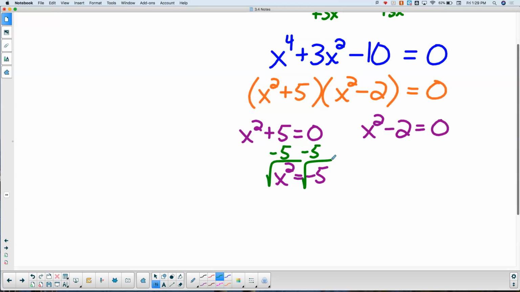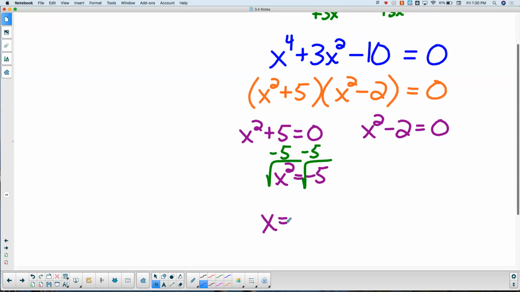What do I get when I take the square root of negative 5? Nope. Close. Nope. Farther away. Square root of 5.